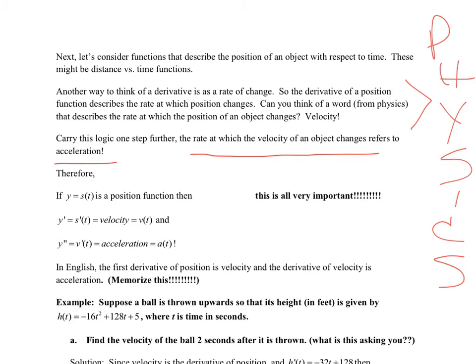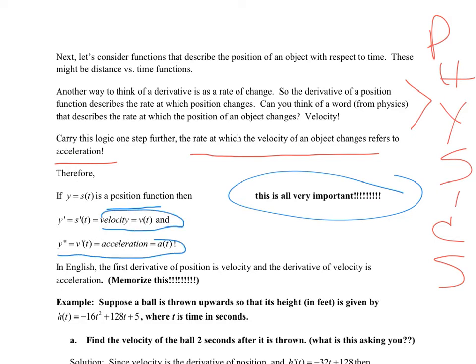If y equals s(t) is a position function, and this is very important, then y prime is velocity, y prime prime is acceleration. So in English, the first derivative of a position function is velocity, and the derivative of velocity is acceleration.